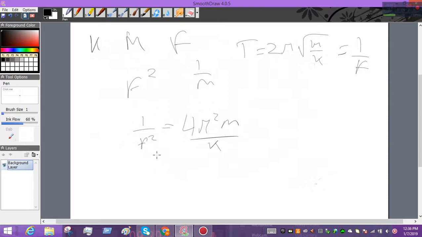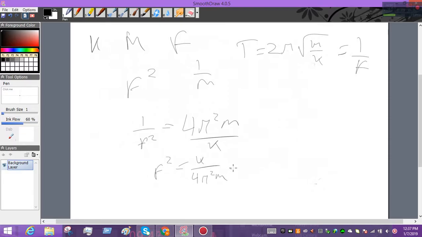Okay, so it says f squared is plotted versus 1 over m. So to get this to where we can make it usable, we're going to flip both sides. Essentially I'm multiplying across there and dividing across there, but I'm going to save some time and do it in my head. So we get f squared equals k over 4 pi squared m.